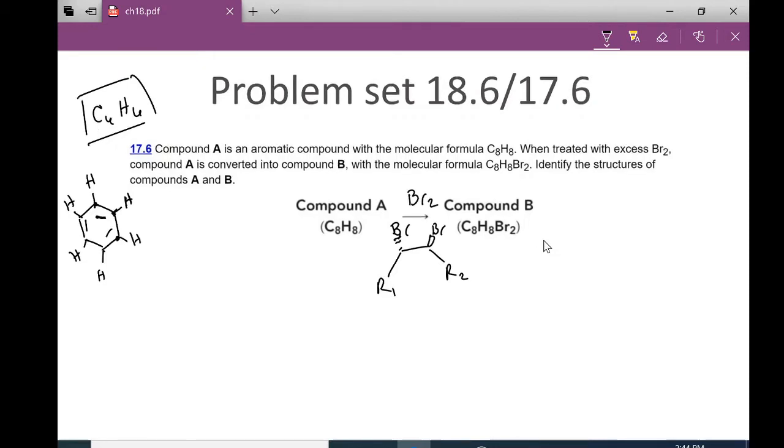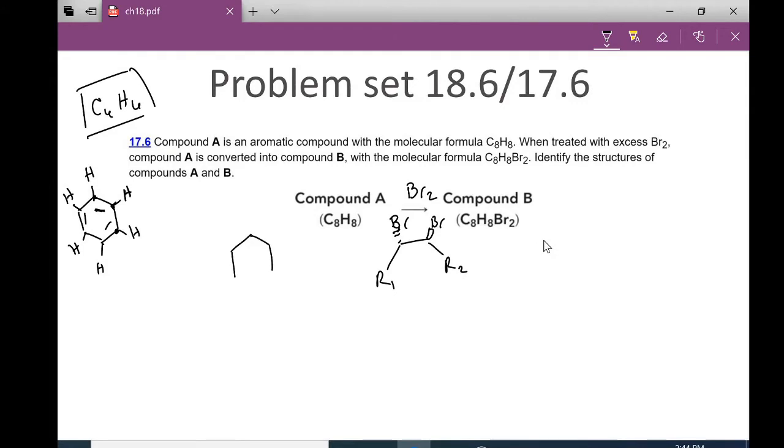So for C8H8, what would we have? We'd have a benzene ring, okay? And then something else attached, just two more carbons with a double bond, okay? And so this compound looks like this, okay? Since we attached something here, the hydrogen has to go somewhere else.